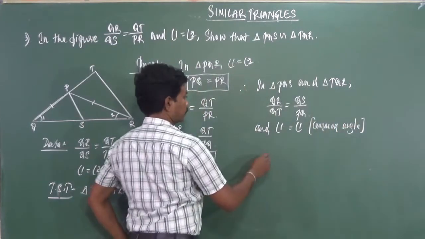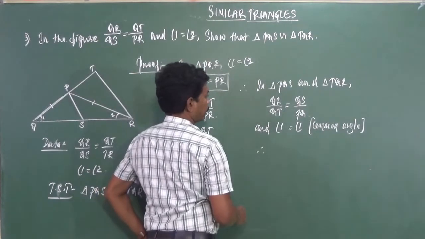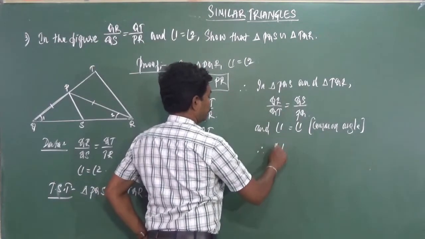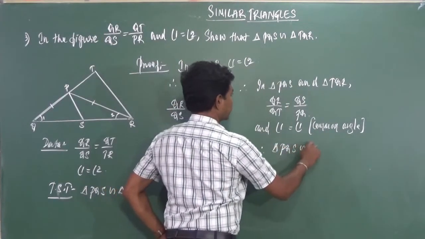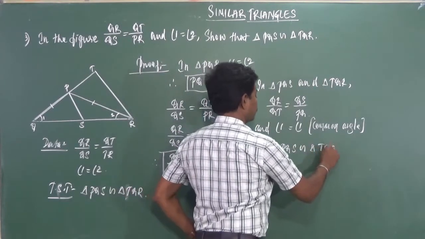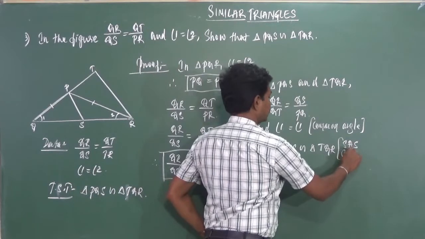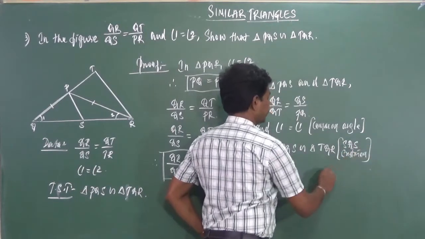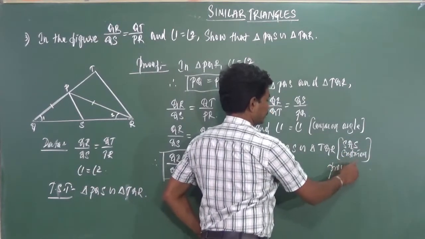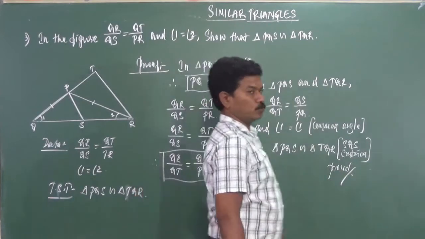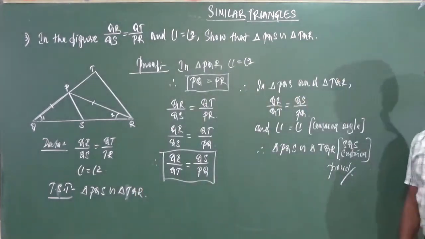Therefore triangle PQS is similar to triangle PQR. So that is the SAS criterion. Hence it is proved. Very important for 2 marks, very important.